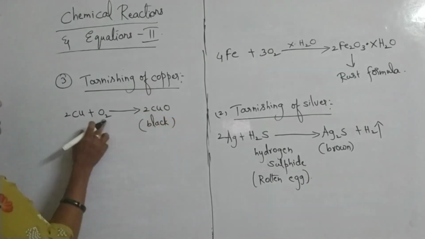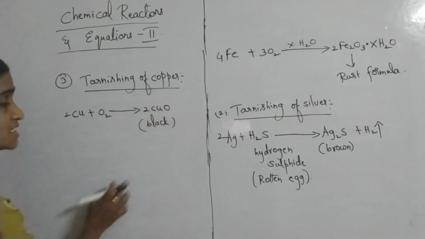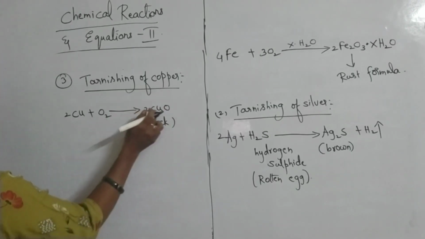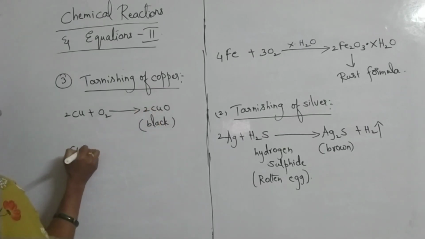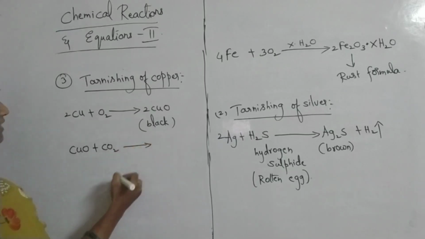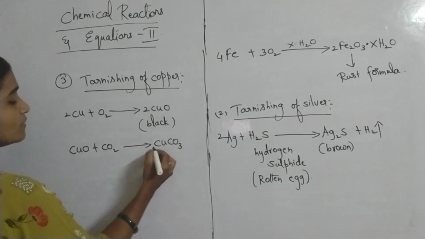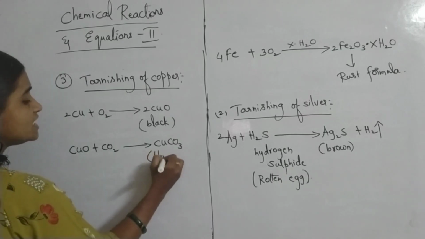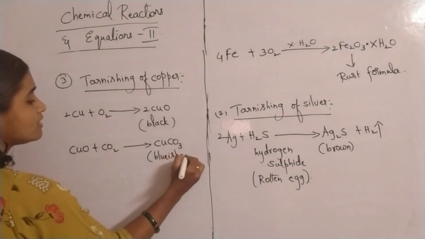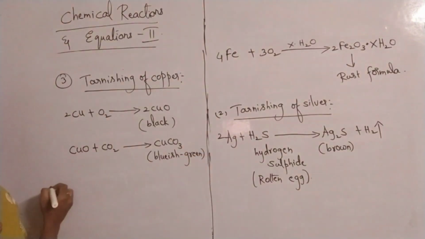Now 2Cu plus O2 gives rise to 2CuO, which is generally black in color. This copper oxide, when it reacts with atmospheric carbon dioxide, forms what? Copper carbonate, CuCO3 is formed. This will be bluish green in color. Copper carbonate is what? Which colored? Bluish green in color.